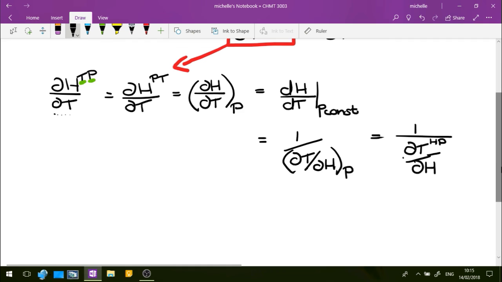So these are different ways and forms in which you will see your partial derivative. What you can see, the common theme for this specific partial derivative, is that P is kept constant in all of them.